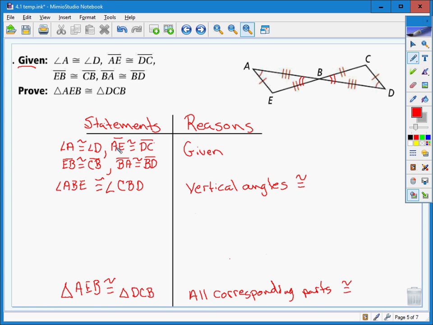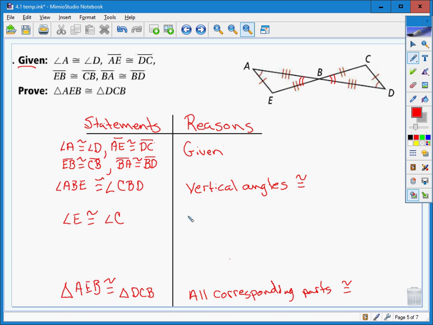I now have 3 sets of sides. I still only have 2 pairs of angles. I'm missing this set. Angle E needs to be congruent to angle C. Why can I make that statement?